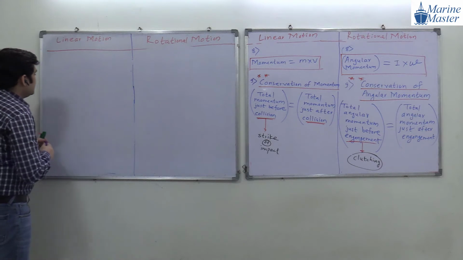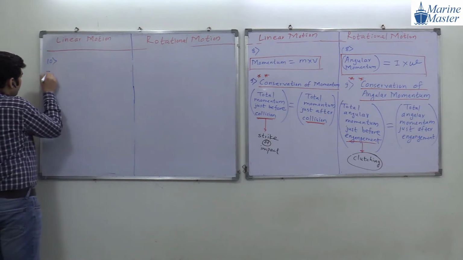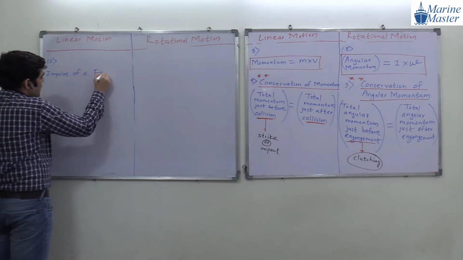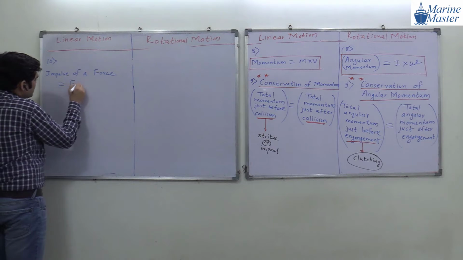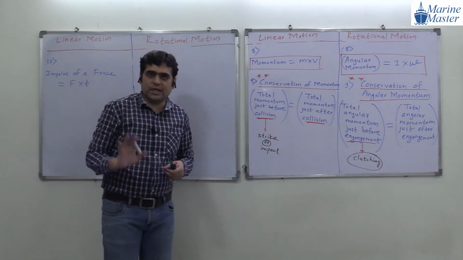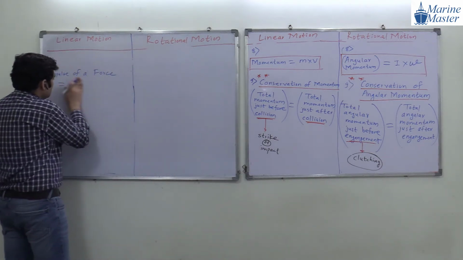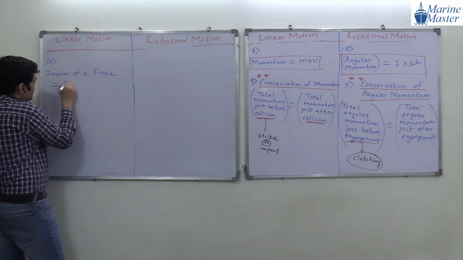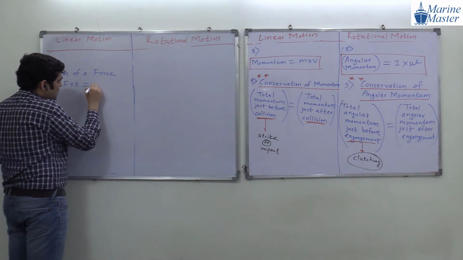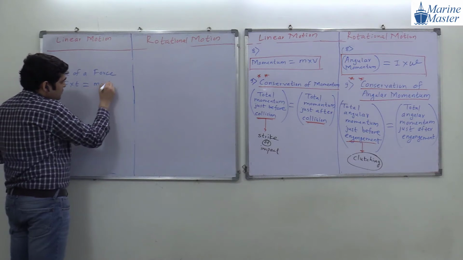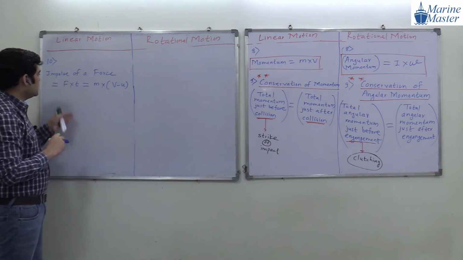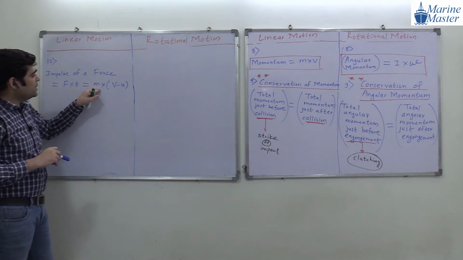Now, the 10th point is here, guys: impulse of a force. Impulse of a force is equal to what, guys? F into t, force into time, or m into (v minus u).